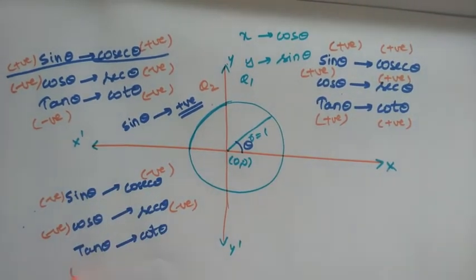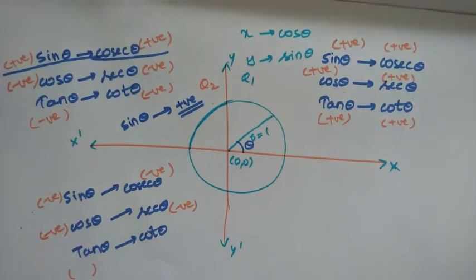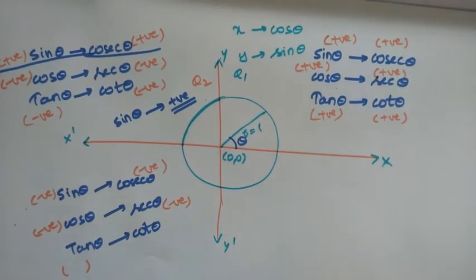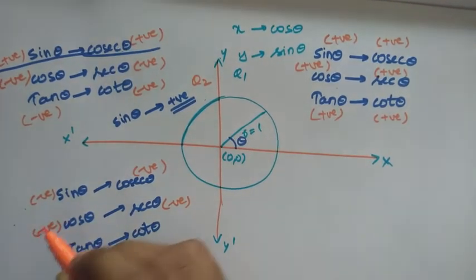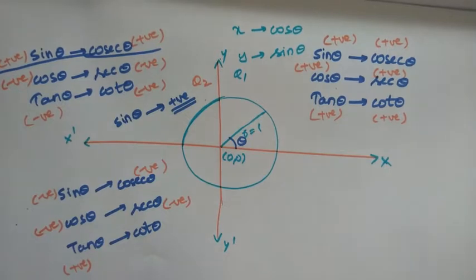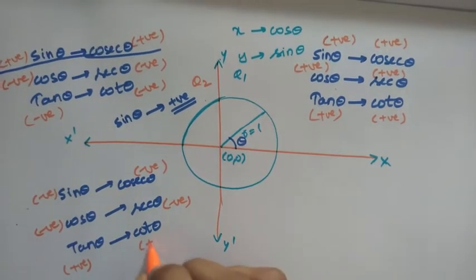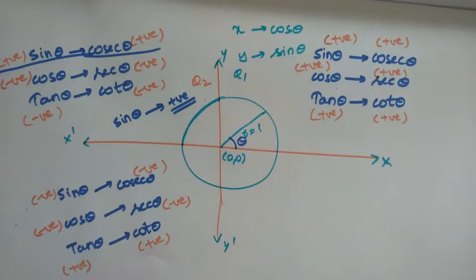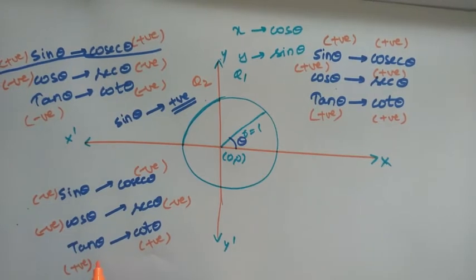Coming to tan. So tan is nothing but the ratio of sine theta and cos theta. So negative number by negative number gives a positive number. So tan theta is a positive value here. Okay. Similarly, cot theta will also be positive because tan theta is positive here.